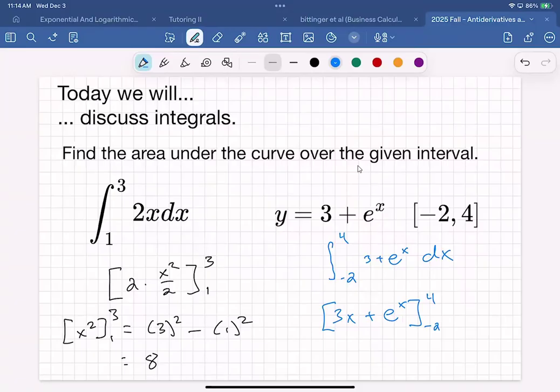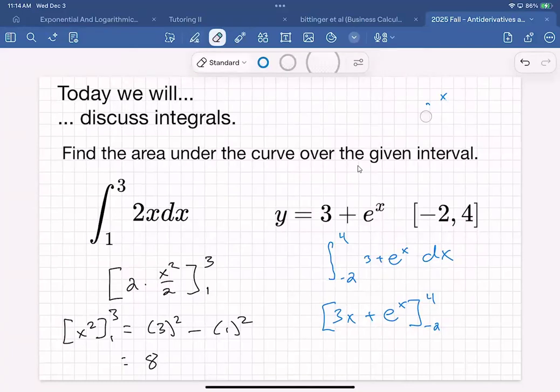Now, the one thing to hear, always be careful with your exponential ones. Given the time frame that we had for some of this stuff, I didn't go into all the details. Everything we really focus on is base e. So sometimes it can change depending on, like, say you had 2 to the x, okay? So there are some things that can affect that.